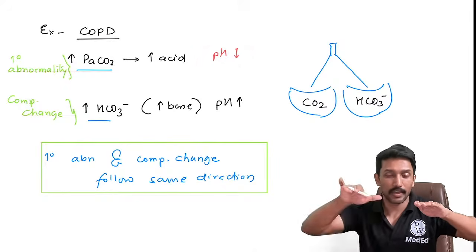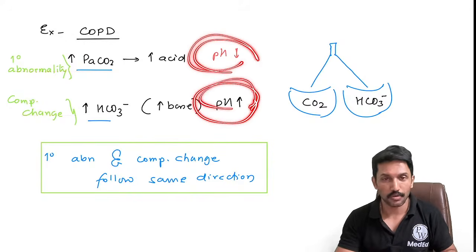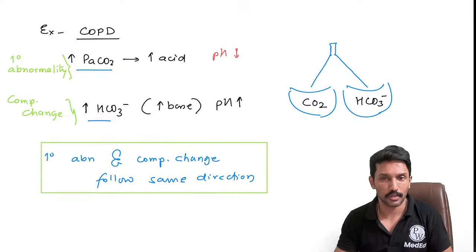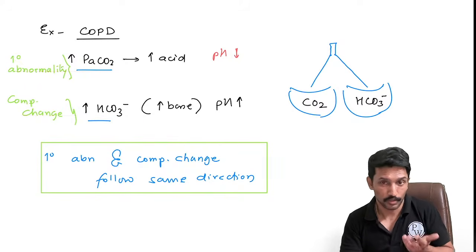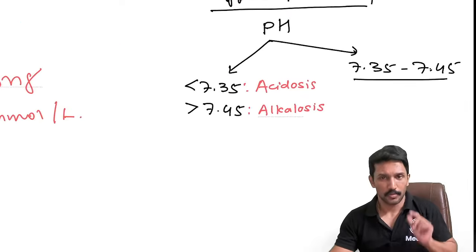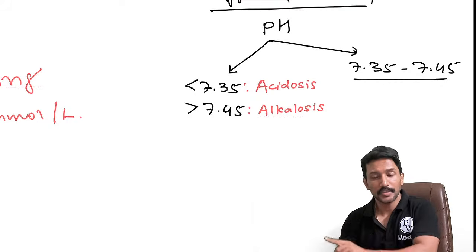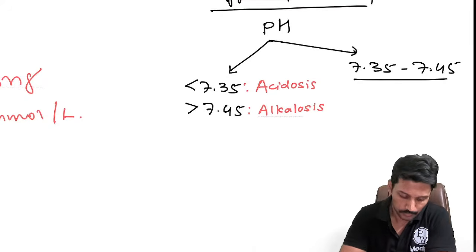But if the increasing bicarbonate pushes the pH back to normalcy, countering the decreasing pH, then pH may come back to the normal range. So that's also a possibility. So if the pH is in the normal range, either there is no acid-base disorder or the compensatory change has completely compensated and normalized the pH.